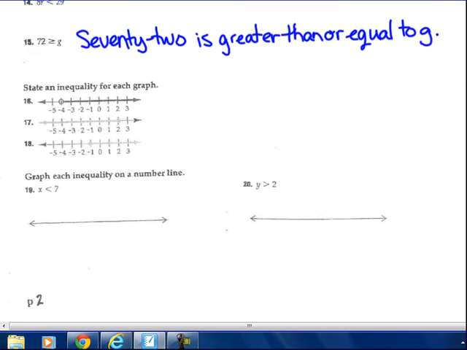So 72 is greater than 71, 70, 69, 50, 14, -5. So infinitely many answers that 72 is greater than or equal to.